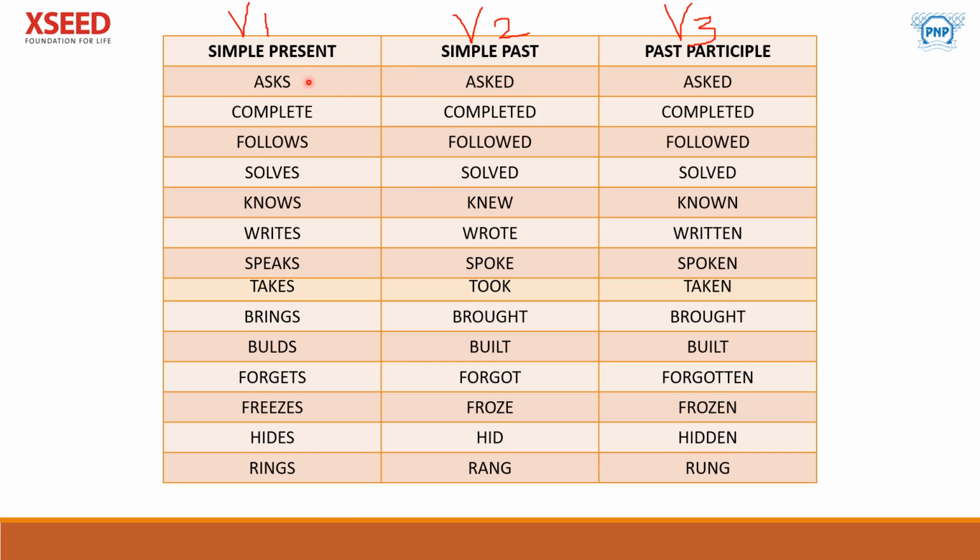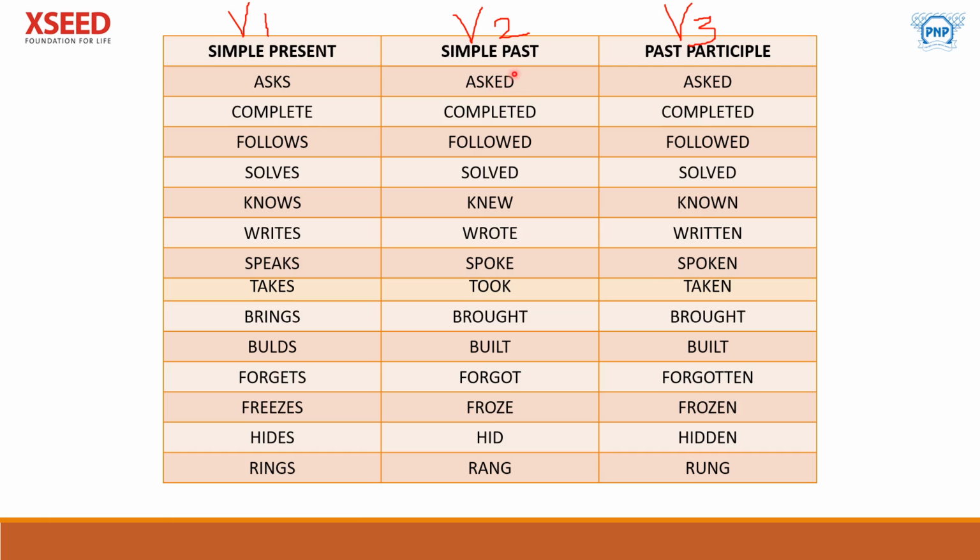Here, ask. Whenever a singular form is used in a sentence, like Rohit asks his teacher, at that time s or es will be added; otherwise it would be simply ask. In simple past it changes to asked.